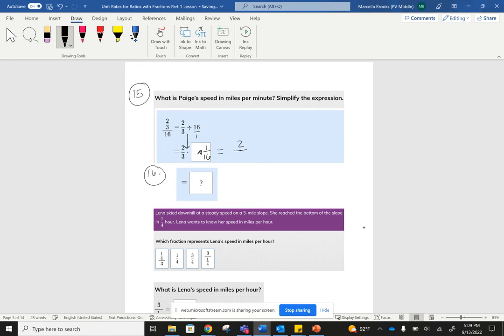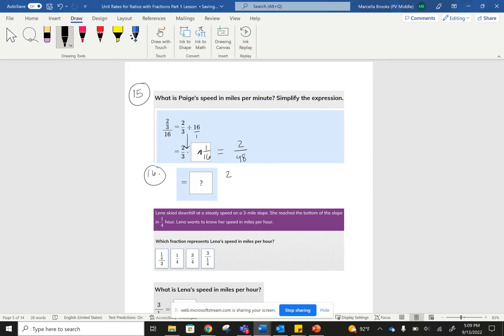So 2 times 1 is 2. 3 times 16 is, hold please, calculating. 16 times 3 is 48. Let's double check that and make sure that's true. Yes, that's true.